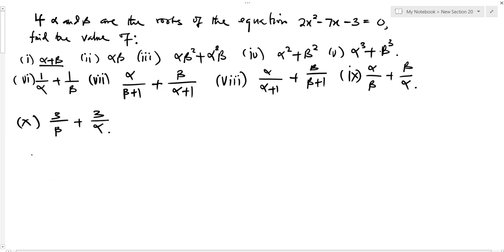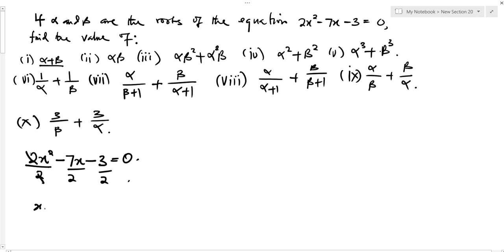Now let's write down the equation. You have 2x squared minus 7x minus 3 equal to 0. Now dividing all through by 2, this cancels this.